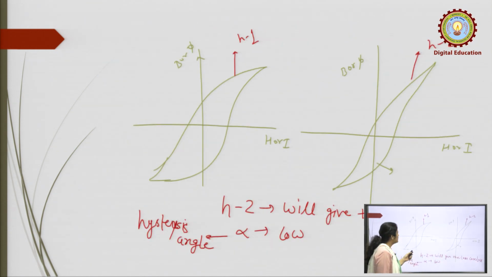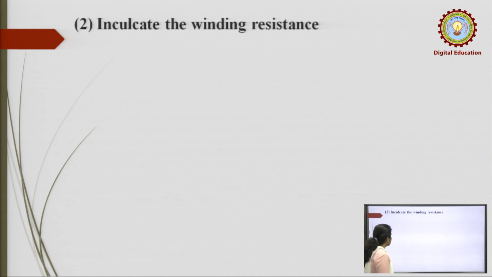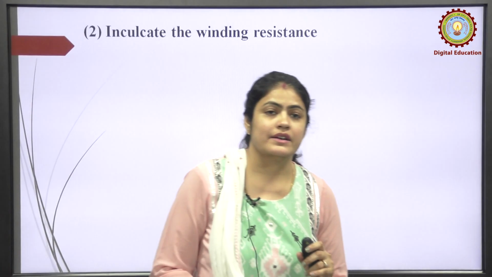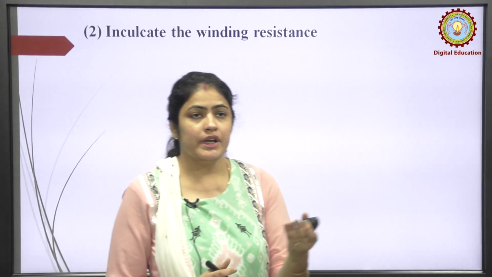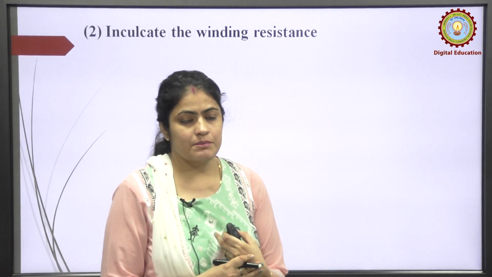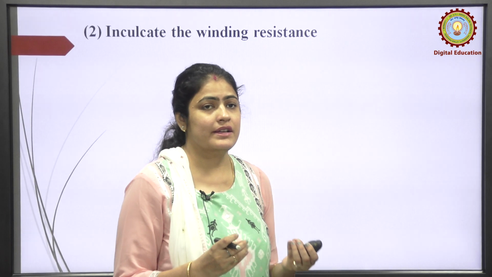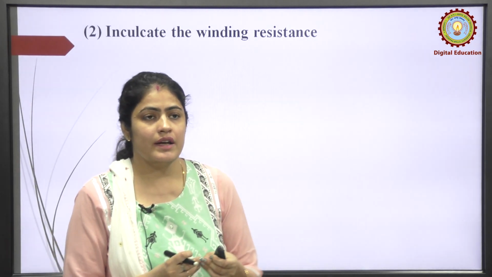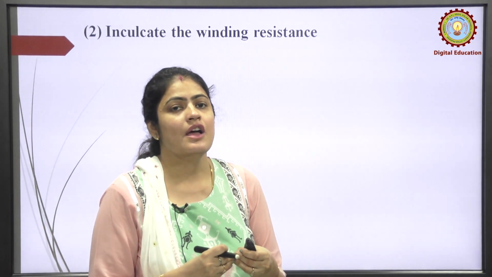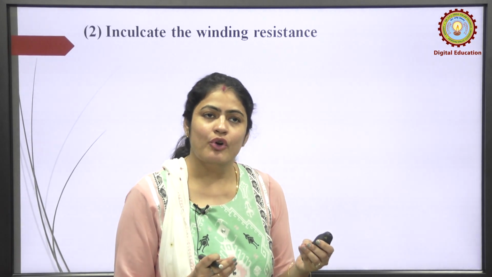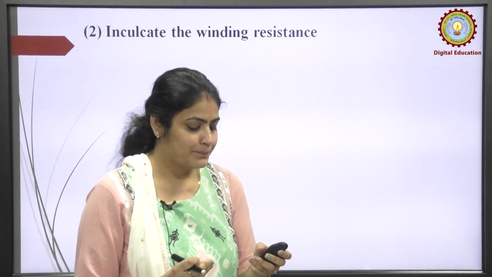Now, the second thing: in an ideal transformer we assume that there is no winding resistance. So how do we incorporate the winding resistance? Because the winding, though ideal, has some resistance. If there is any resistance, there is a voltage drop.